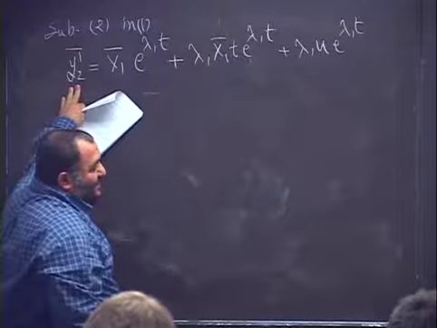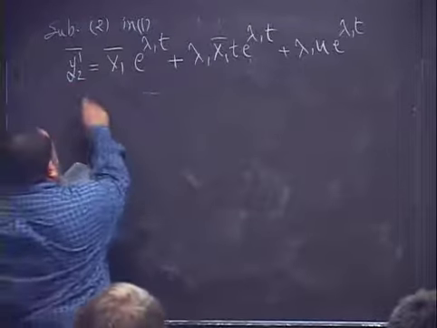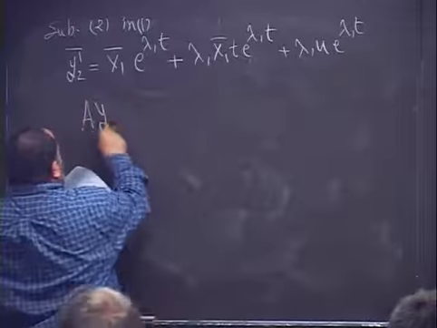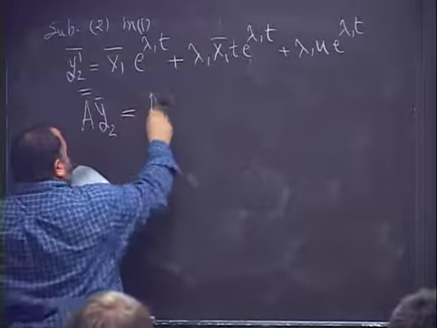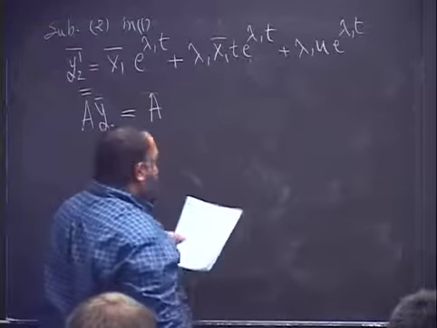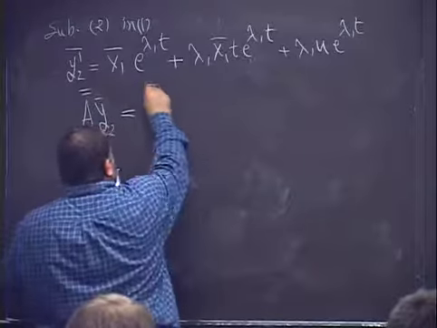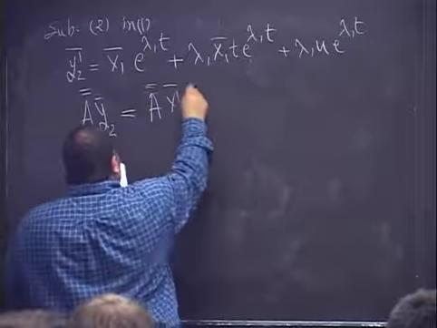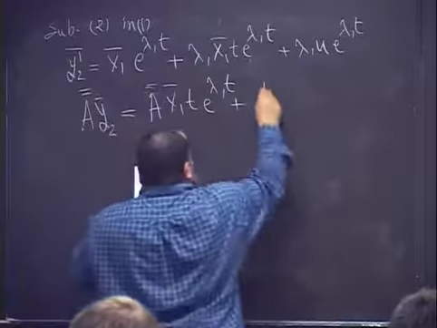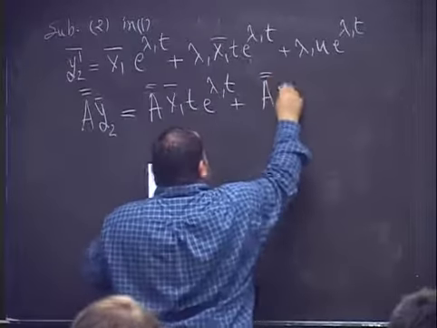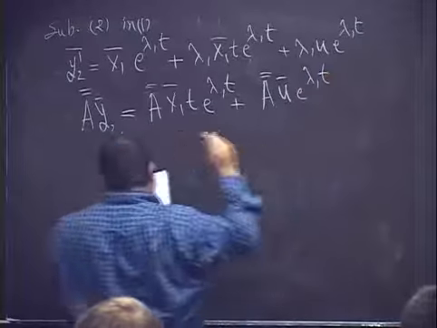The right hand side is A multiplied by y2. So it will be A multiplied by x1 t e to the power of lambda 1 t plus A u e to the power of lambda 1 t.